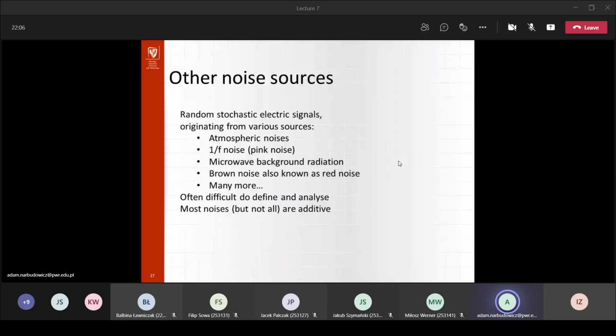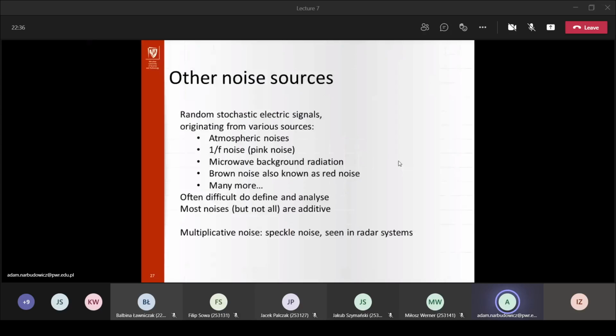So what does it mean? It basically says that in order to model your noise, you simply add it to your signal, and this is exactly the case with the white Gaussian noise. So the most typical numerical model of the radio channel would simply add some noise into your signal once it's being transmitted.